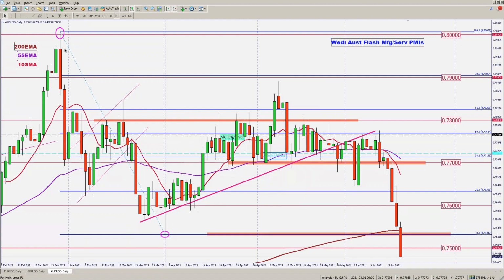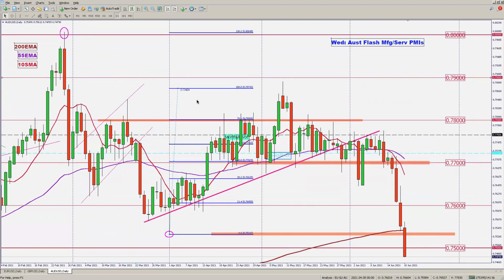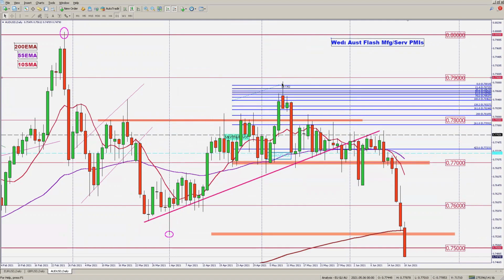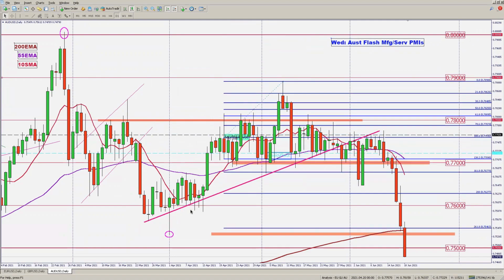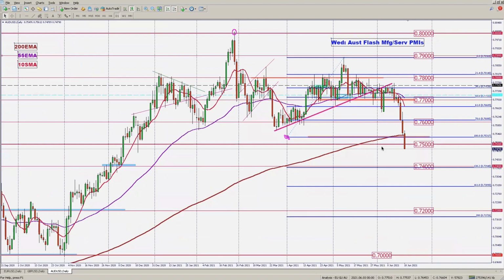And let's update the fibs to this reversal move, to this swing low. And if we extend that, we could target the 0.74. That's the 138 fib extension.